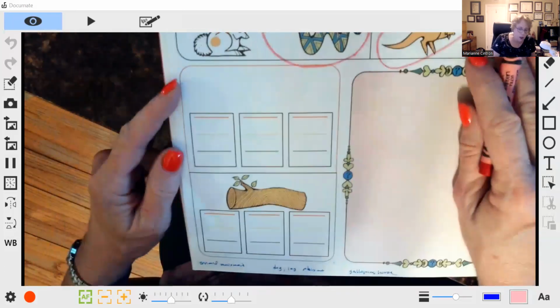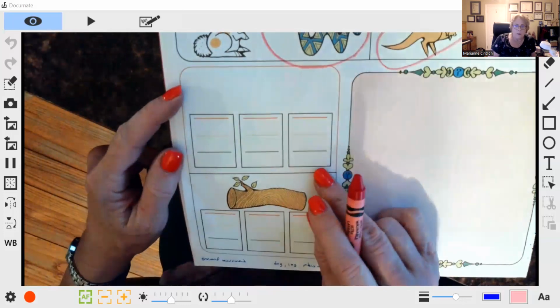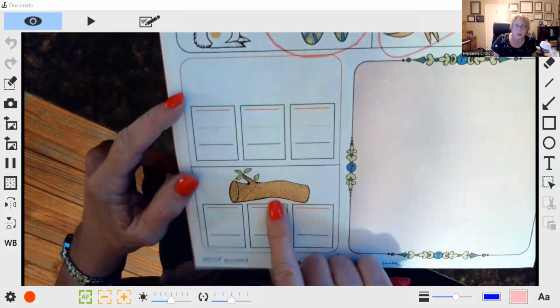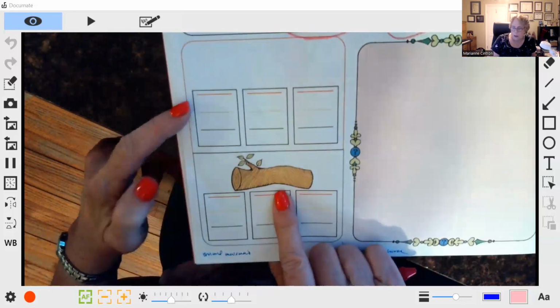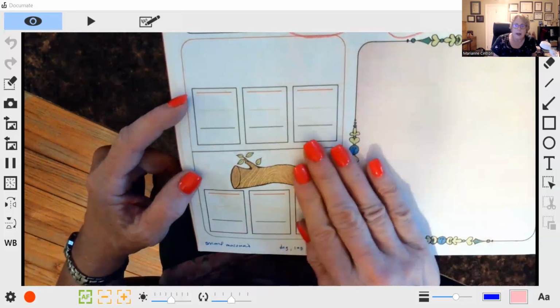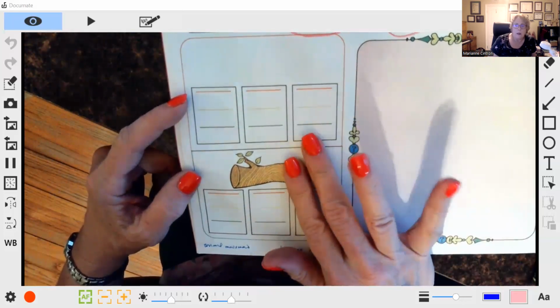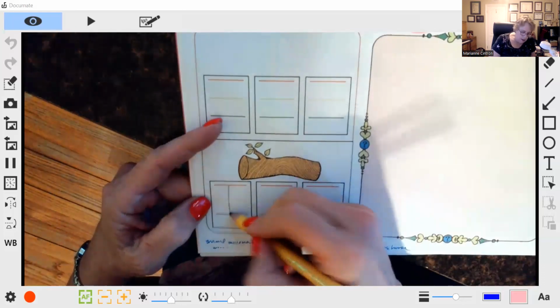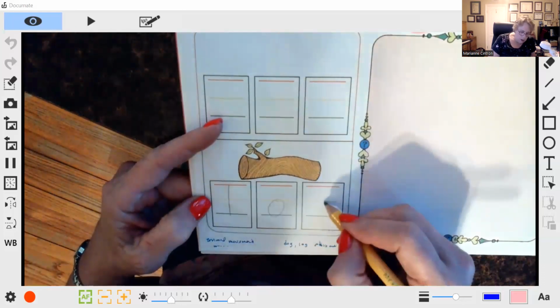So here we're going to do writing of a whole word. So let's do the word log. With your pencil, log. I like to tap it out. L-O-G, log.